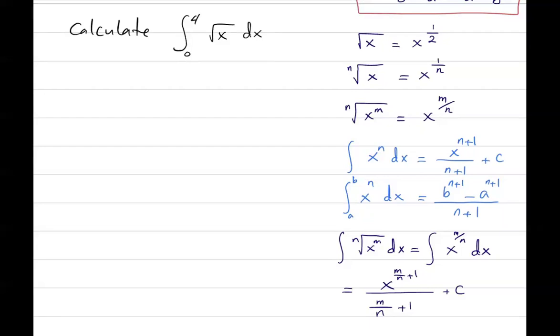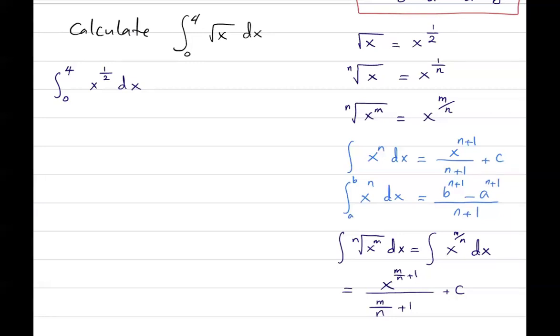We want to calculate this integral with function square root of x, which is a root function. This can be written as the definite integral 0 to 4 of x to power a half dx. So you can identify your exponent. It is a half.